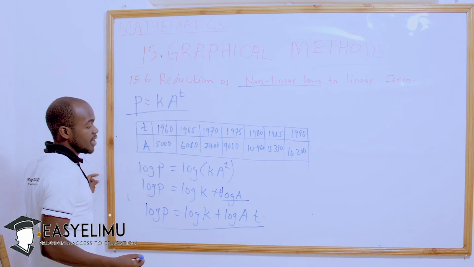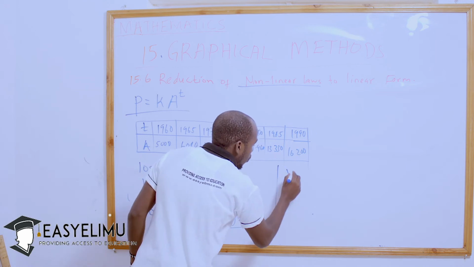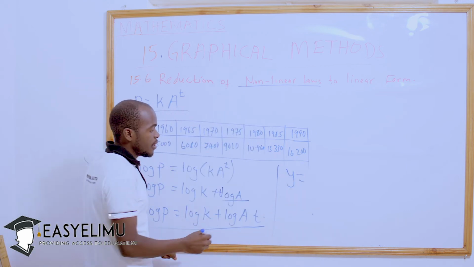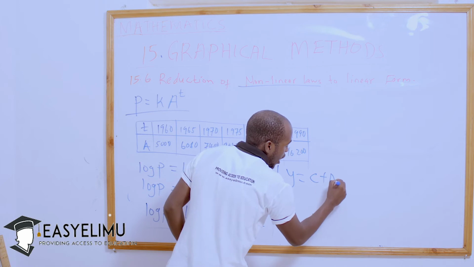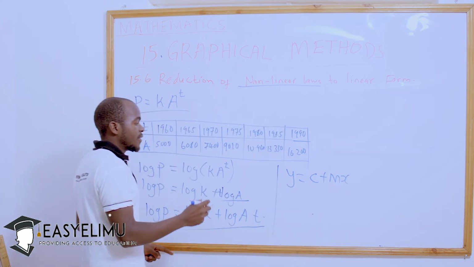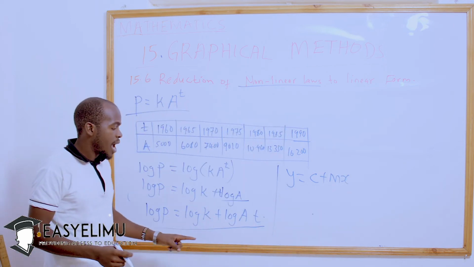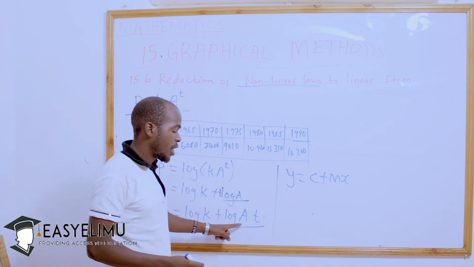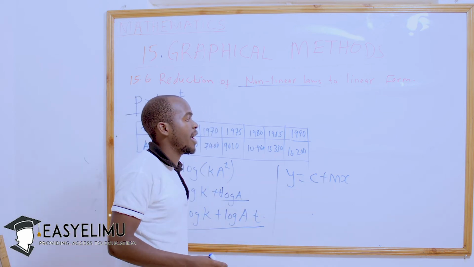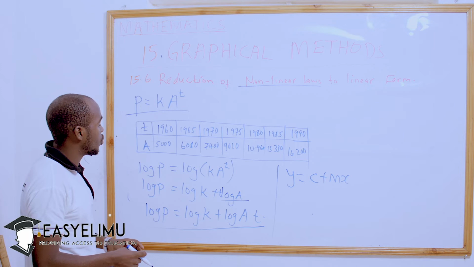This is in the form y equals c plus mx, where c is log K and m is log A, and T is now x.